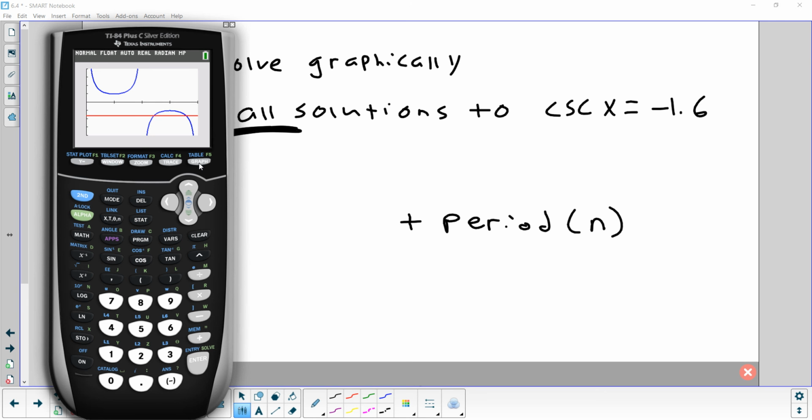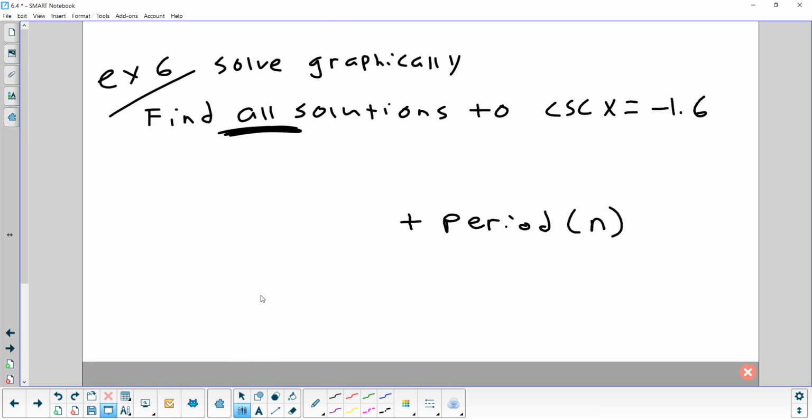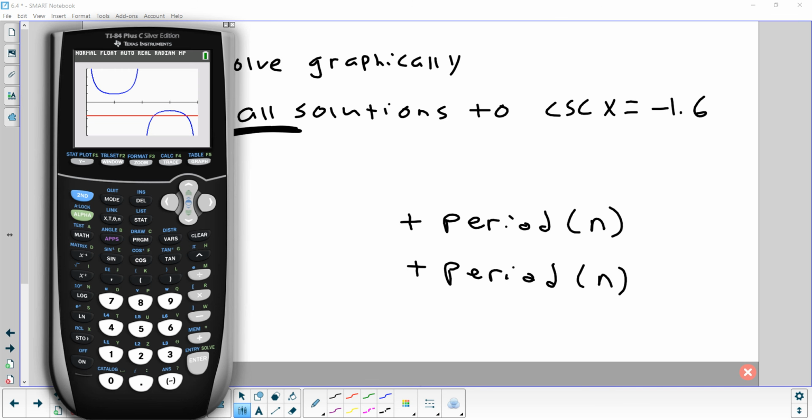It will hit infinite, but how about just in that one window? 2. So I need to write down 2 general solutions. Let's find the first one. Here is the first one. 3.82. That's the first one.